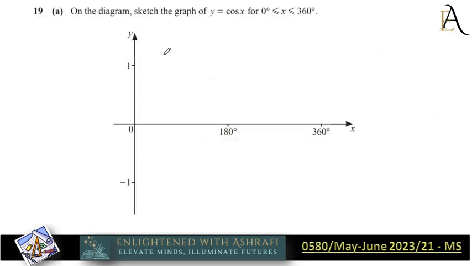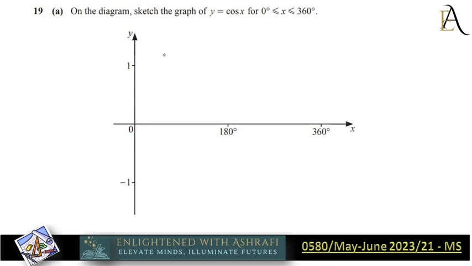Question number 19a. On the diagram, sketch the graph of y equals cos x for value of x between 0 to 360 degrees. So let's start from 0.